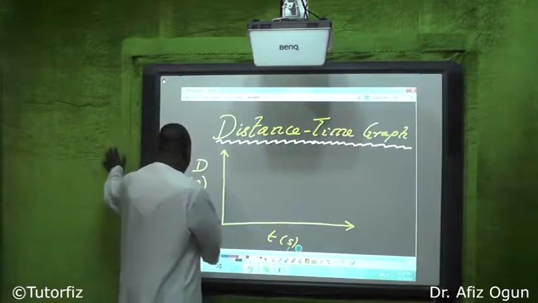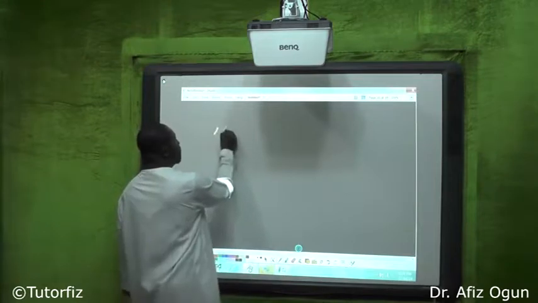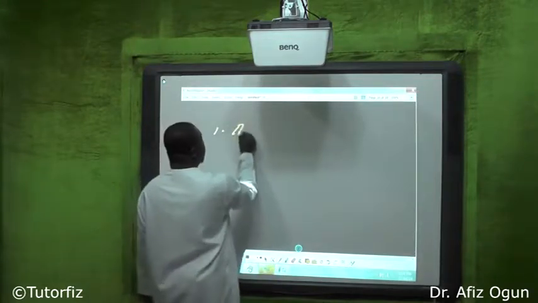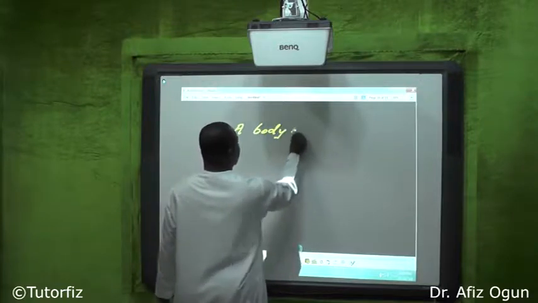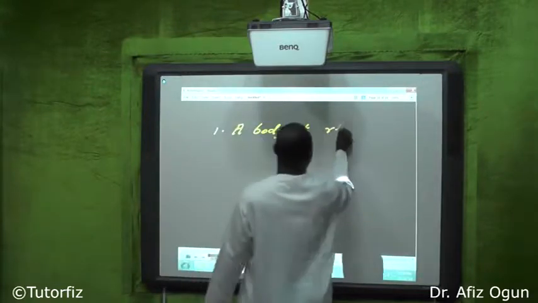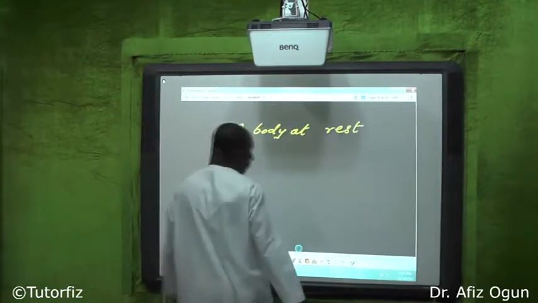There are so many scenarios. The first one we are going to look at is a body at rest or a stationary body.